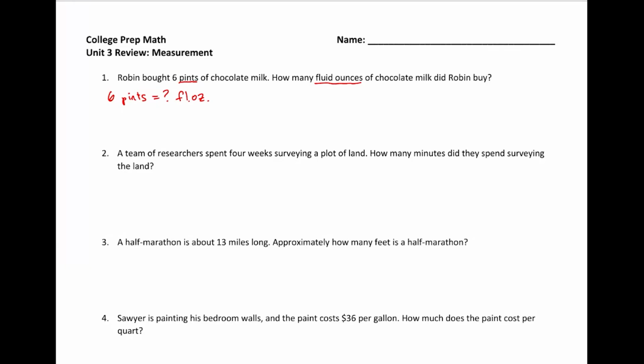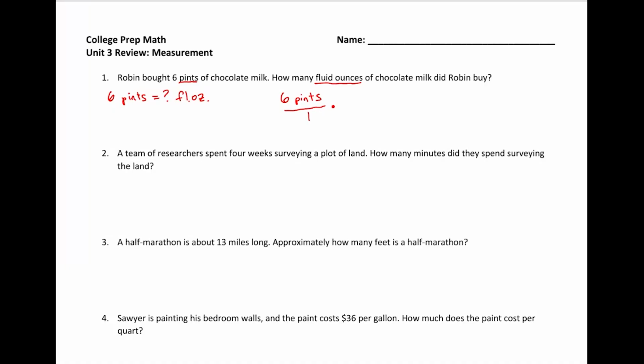We don't have a direct conversion from pints to fluid ounces, unfortunately, so we can't just do a quick conversion. We are going to have to do multiple conversions here. You're going to start with whatever is given, in this case 6 pints, and put it over 1.